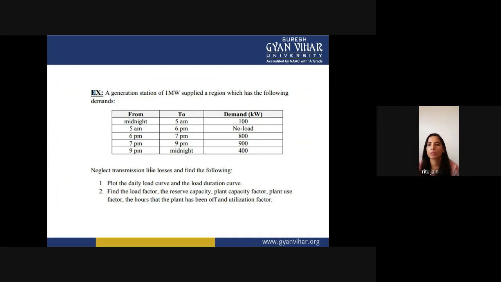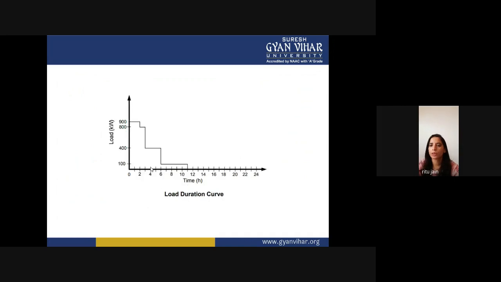After 900 you are using 800 kilowatt, which is from 6 p.m. to 7 p.m. only for 1 hour. So you can see that only for 1 hour, this is your 800 kilowatt load.